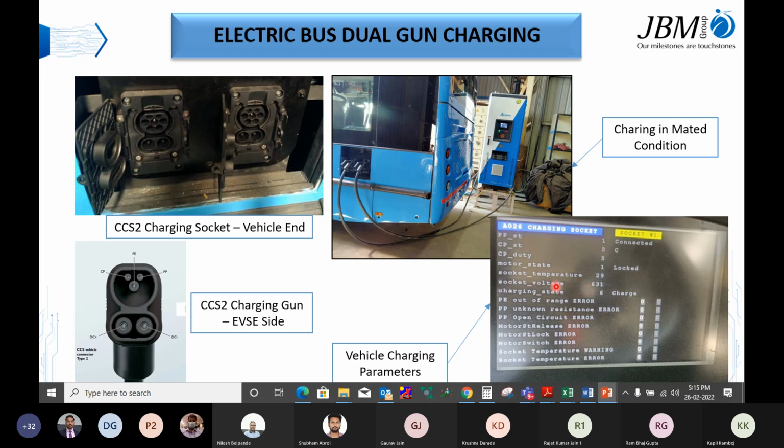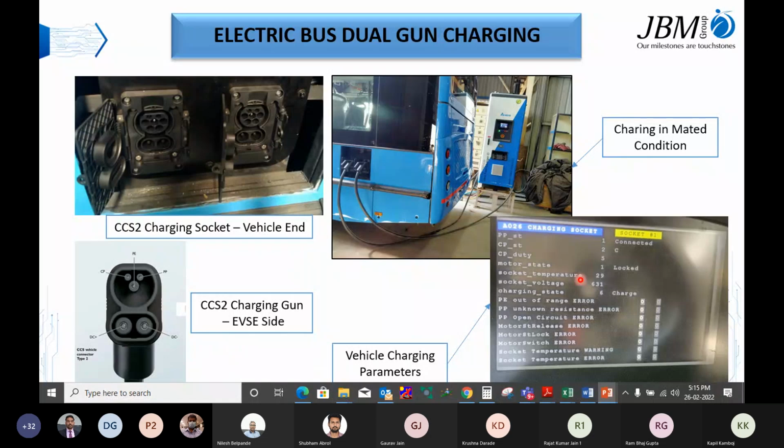So we have one HVMC box, high voltage measurement connect box. Basically this box is used to measure the voltage on the sockets. The voltage the charger is giving is measured by this HVMC box.